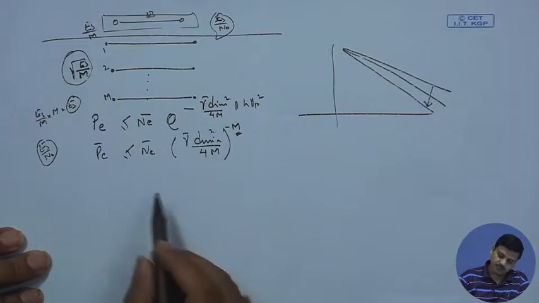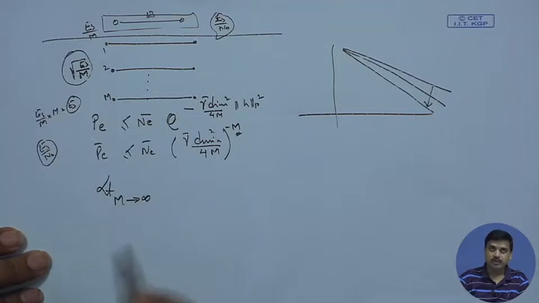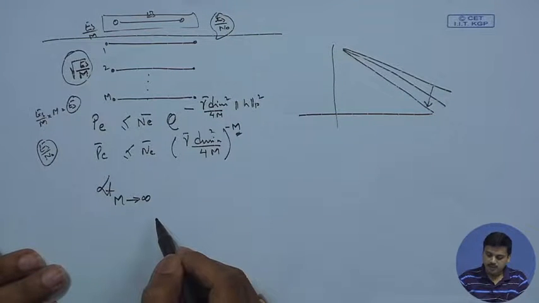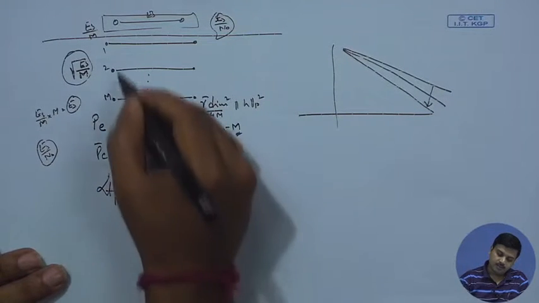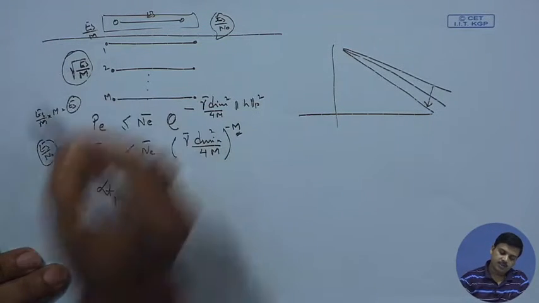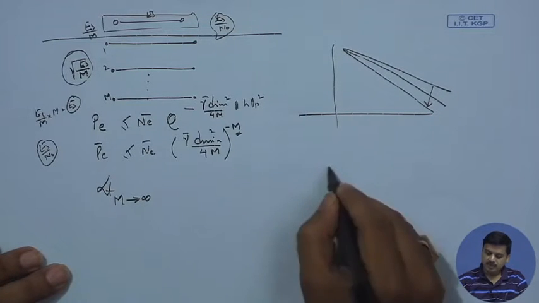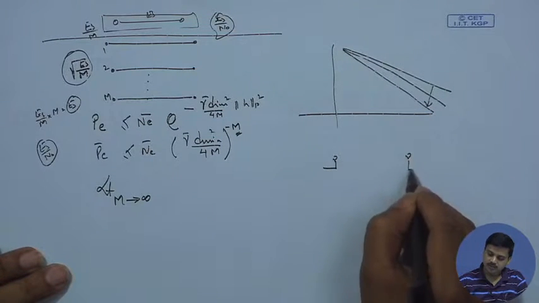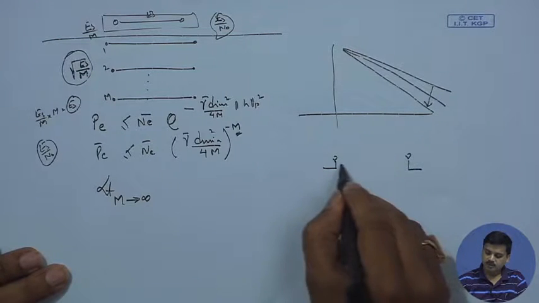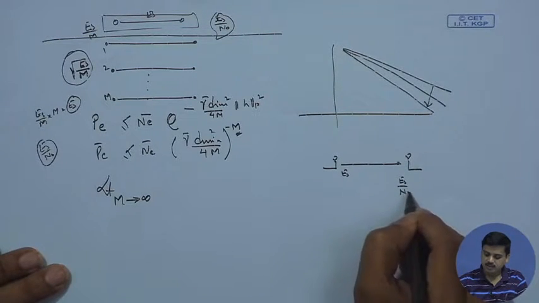Now in this, we would like to study the limit M tends to infinity. This is a very, very important condition that we are saying, that suppose I increase the number of transmissions to infinity while keeping the same constraint on transmit power. What we mean is that suppose I have a single antenna to transmit, single antenna to receive. So here the total transmit power is Es and average SNR is Es by N naught.